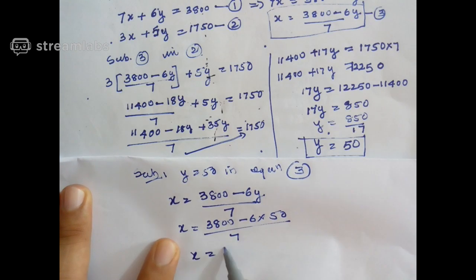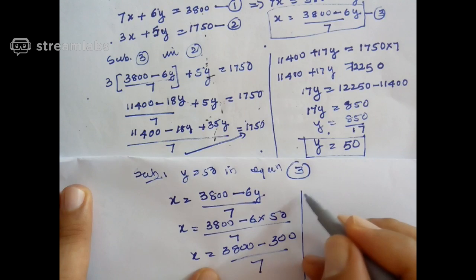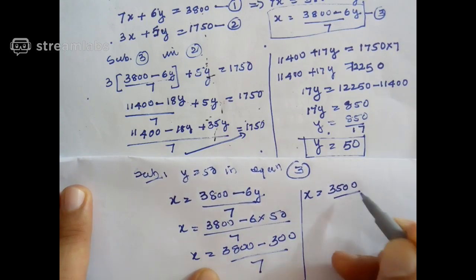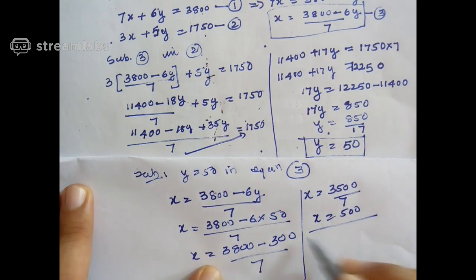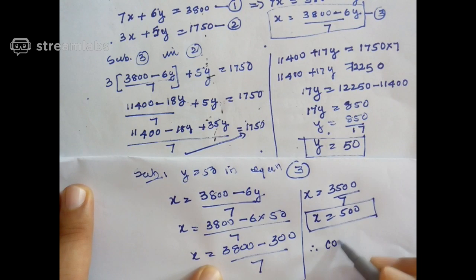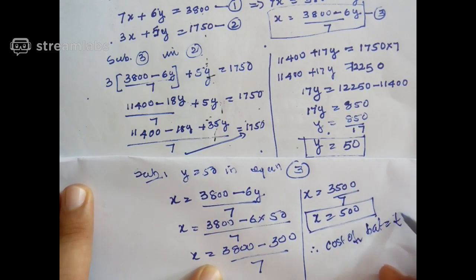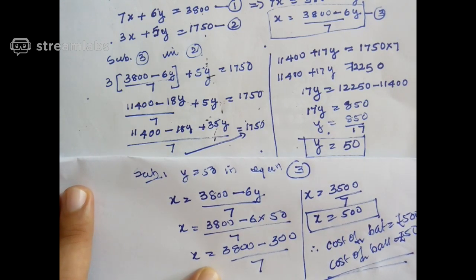That is x is equal to (3800 minus 300) by 7, which is 3500 by 7. So x is 500. Therefore, the cost of a bat is rupees 500 and the cost of a ball is rupees 50. This is the answer. Just note it.